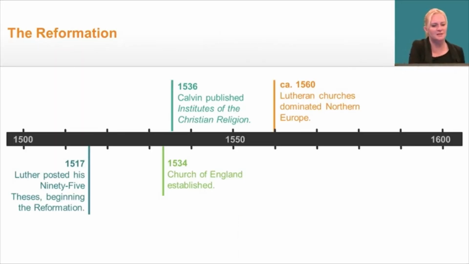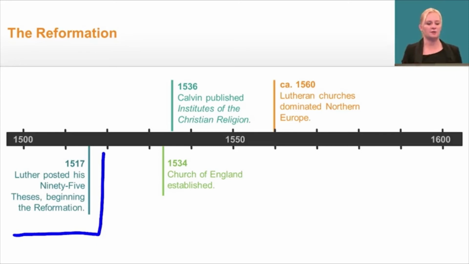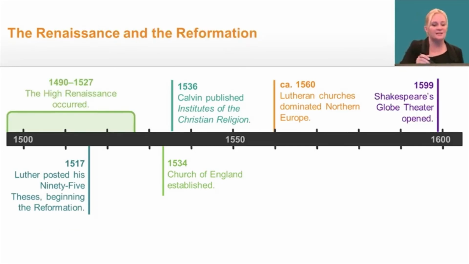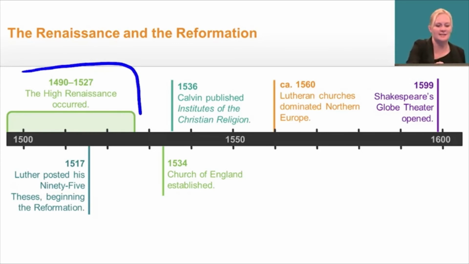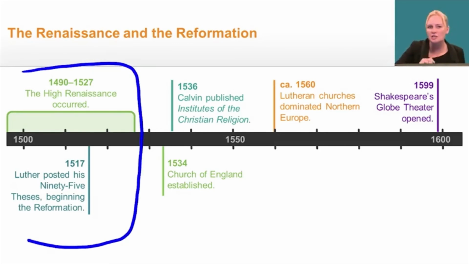Here we can see the beginning of the Reformation, starting in 1517 when Martin Luther posted his 95 Theses. Now let's take a look at some of the things that were happening during this time period. Here we see that the Renaissance is also occurring during this time period, encouraging people to question authority, to seek out knowledge for themselves.